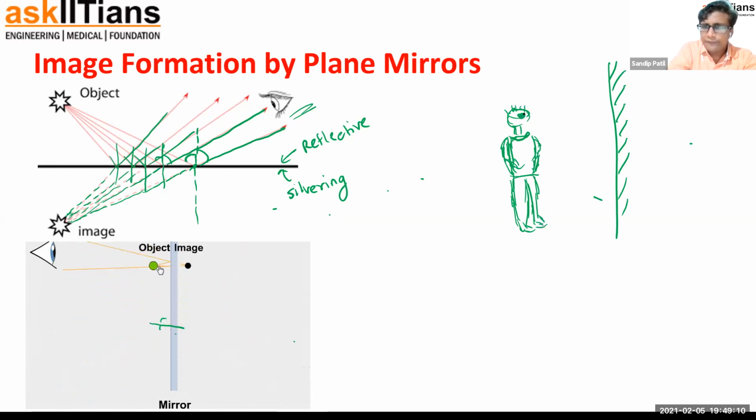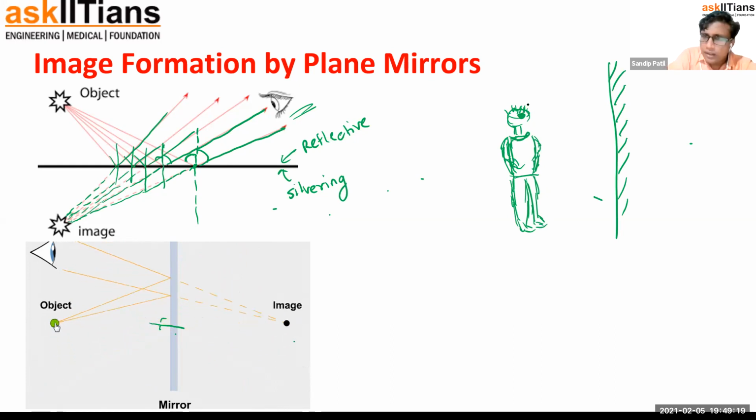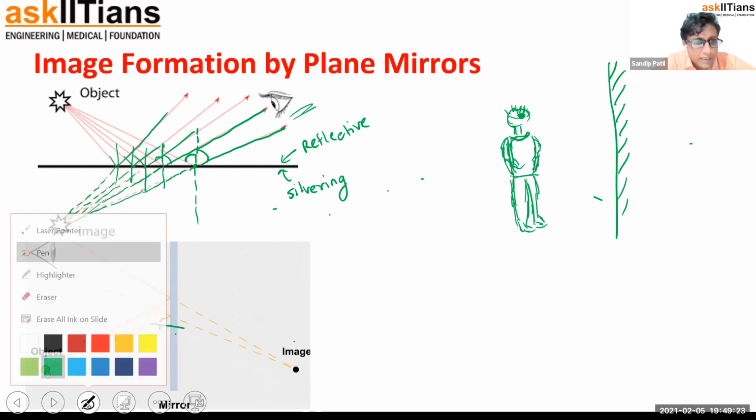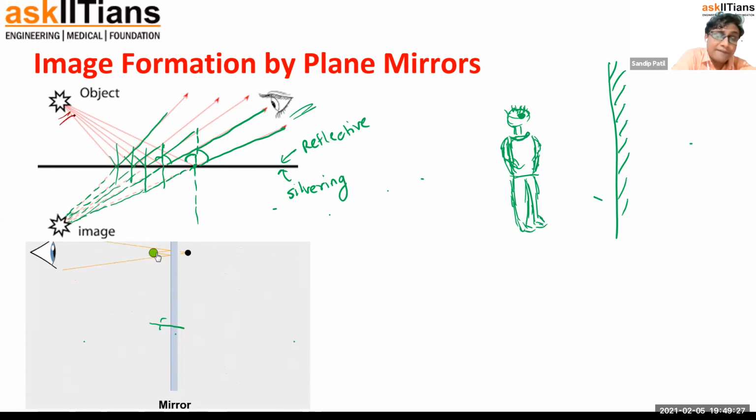This is your eye. I want to see the image of your foot. Let's try this one. So we consider this is the object, and we draw the rays there, and we know where the image will form.